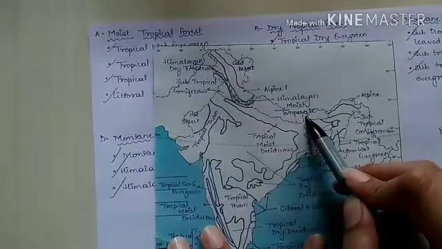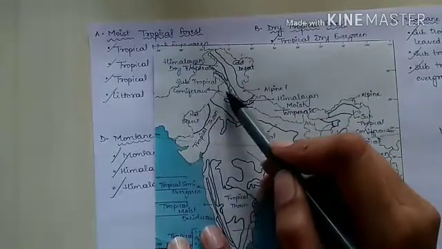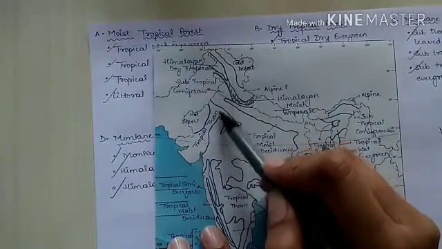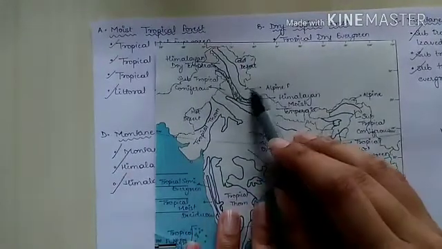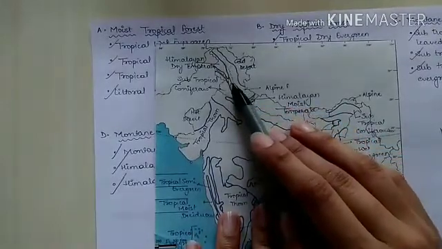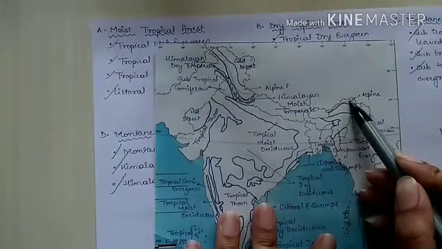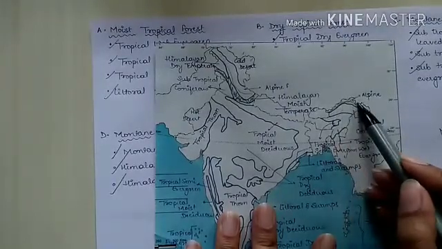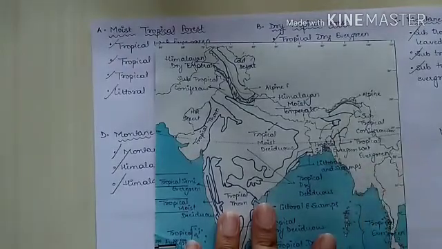Below that we have subtropical coniferous forest. The alpine forests are found in these Himalayan regions as well as the northern part of the northeastern states, so in Arunachal Pradesh we have this area of alpine forest.